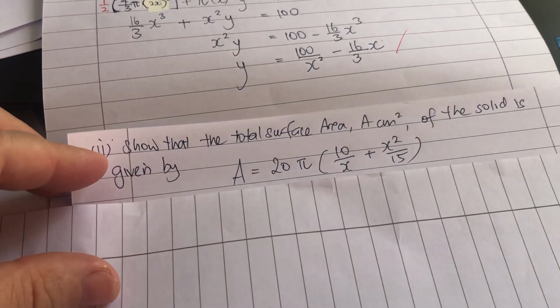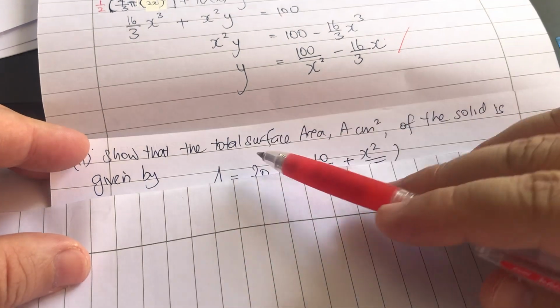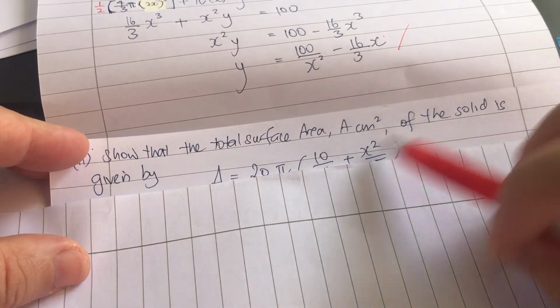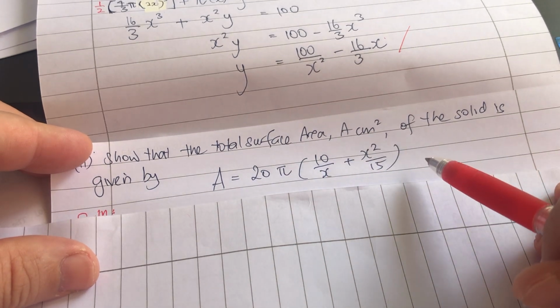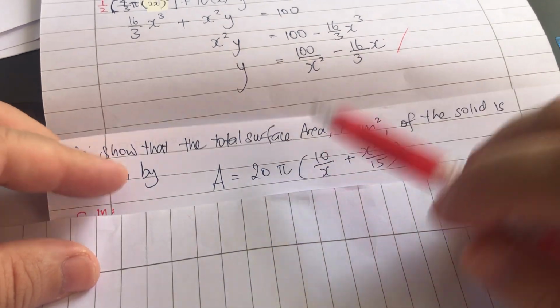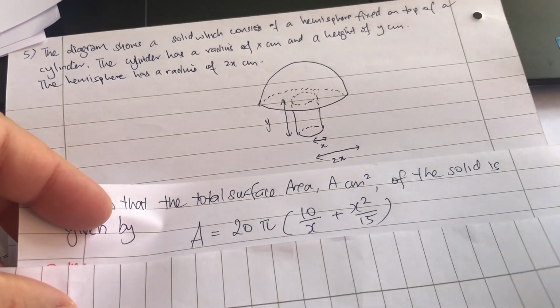Okay, now the next one, you will find that the next one is very different from the first part. They ask you to find the total surface area and show that it's this one. Okay, so how to find the total surface area? You look at this shape. I hope you can visualize.